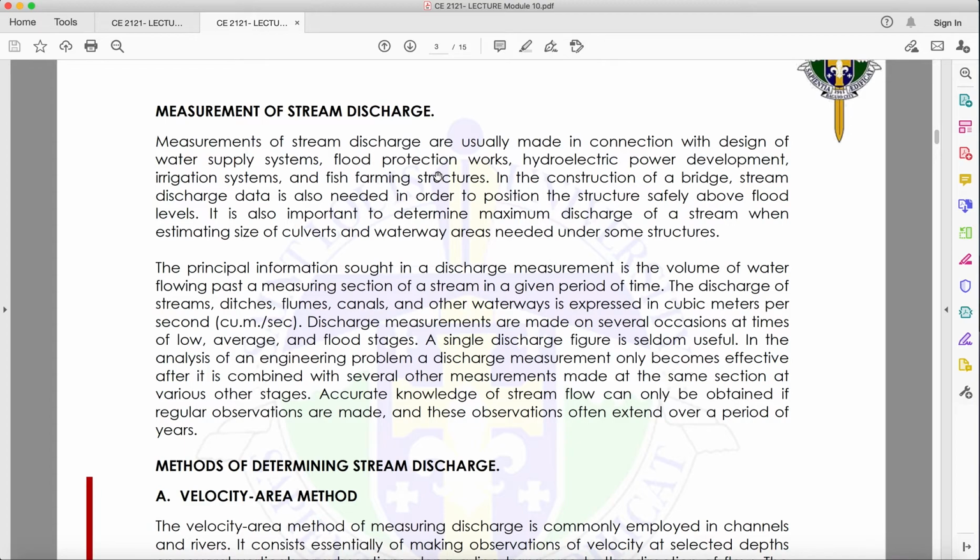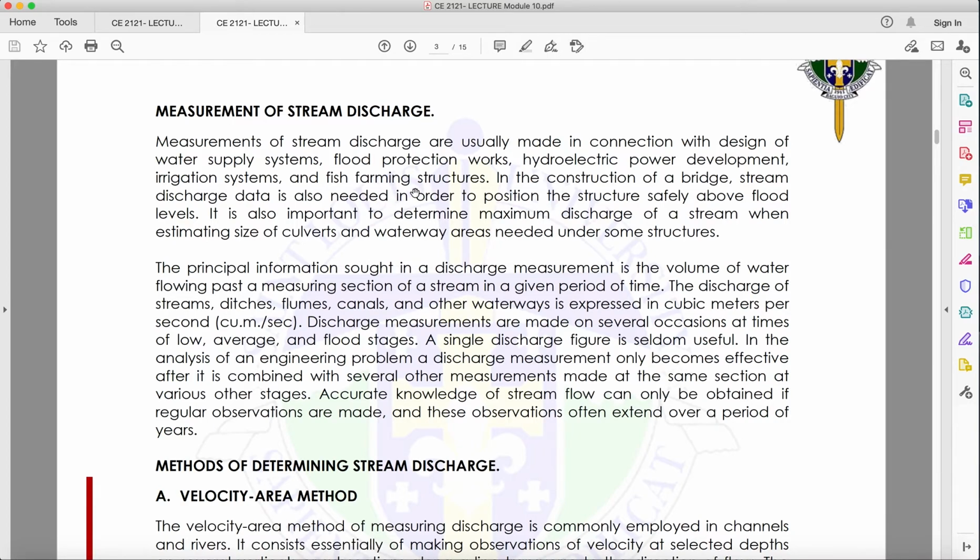Okay, so if ever we reach the maximum, at least we avoid flooding. In hydroelectric power development, we need the volume of the discharge so that we can compute the power that is being generated. Irrigation system, it is the water that goes through our agriculture and fish farming structures.